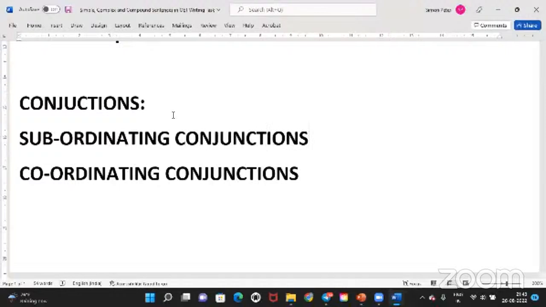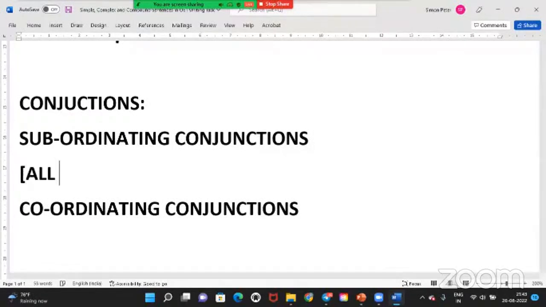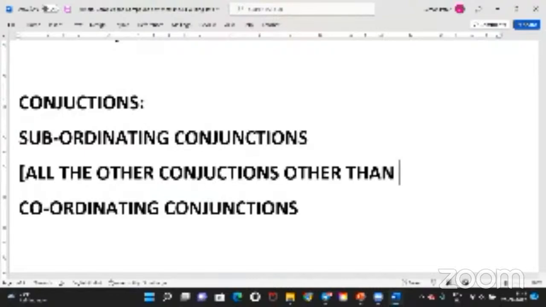Subordinating conjunctions are all the other conjunctions, all the other conjunctions other than fanboys. Fanboys in brackets.